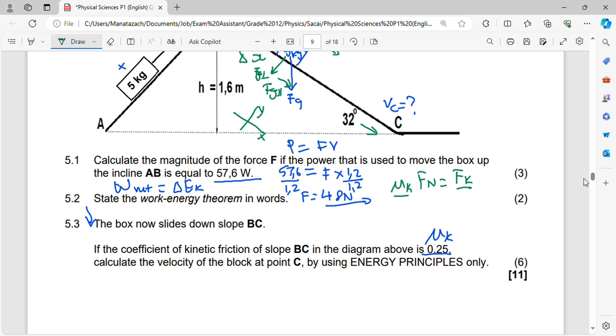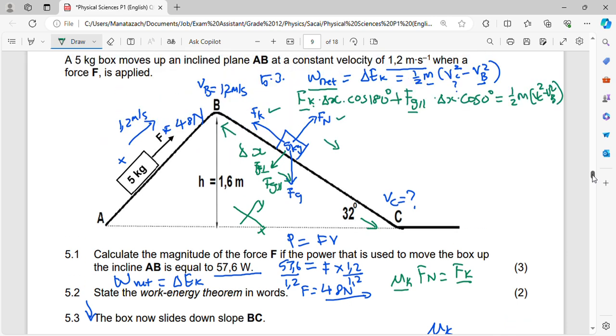Let me do it here on the left hand side for the sake of space. I will say Fn, which is going up, minus Fg perpendicular is going to give me 0 since there is no movement in this direction. So the net force is going to be 0. Fn is going to balance the Fg perpendicular.